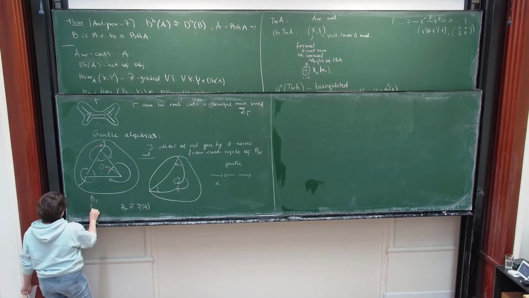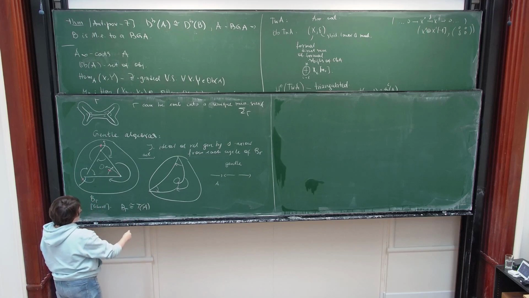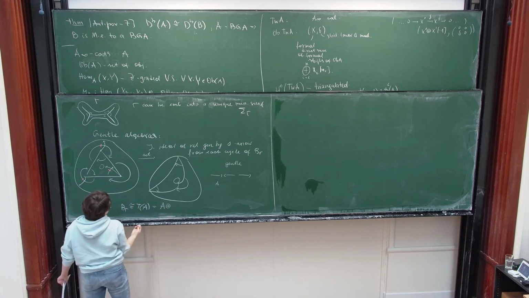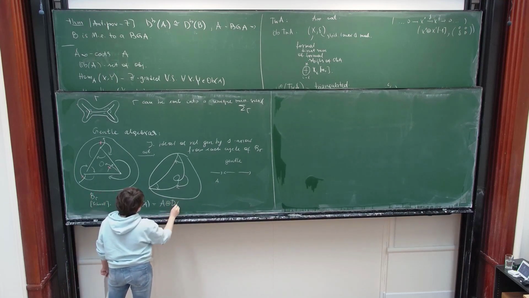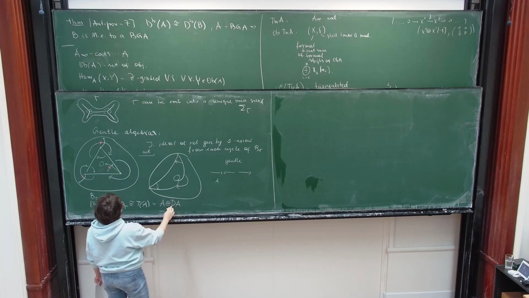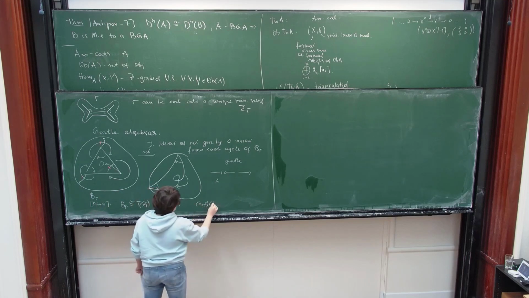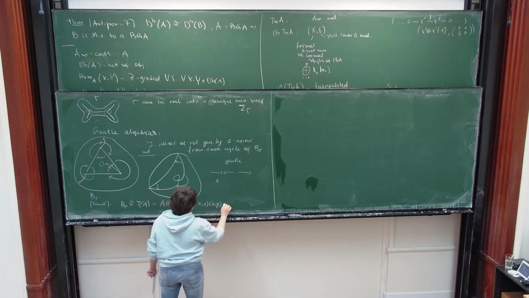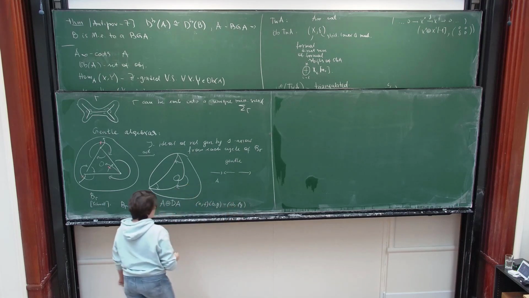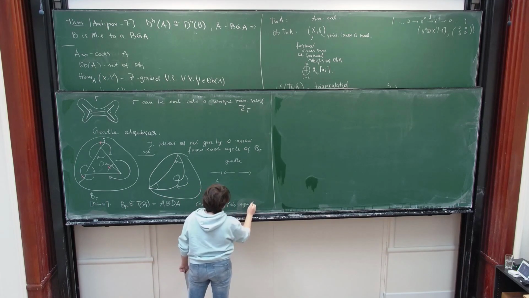And this is a result of Schroll. So what is a trivial extension? As a vector space, this is A direct sum with the dual of A, where the dual is with respect to the field K. And then if we have two elements, (a, f) and (b, g), then their multiplication is given by (ab, ag + fb).